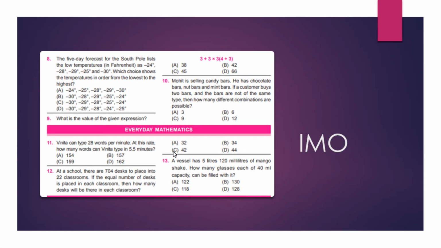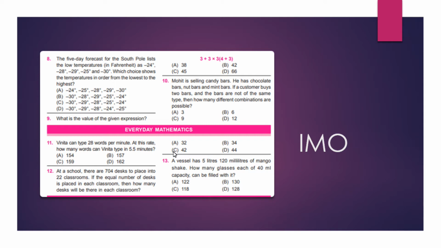Next, the 5-day forecast for the South Pole lists the lowest temperatures in Fahrenheit as -24, -28, -29, -25 and -30. Which choice shows the temperatures in order from the lowest to the highest? Lowest temperature to the highest temperature. Just arrange the following in Fahrenheit.